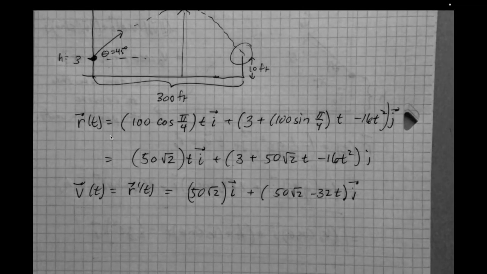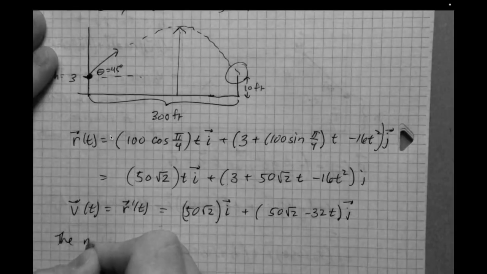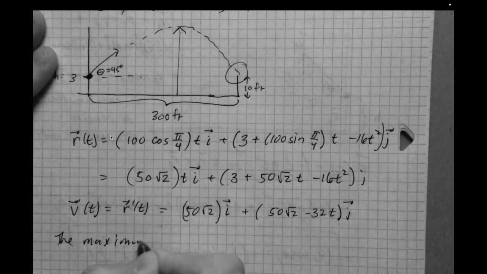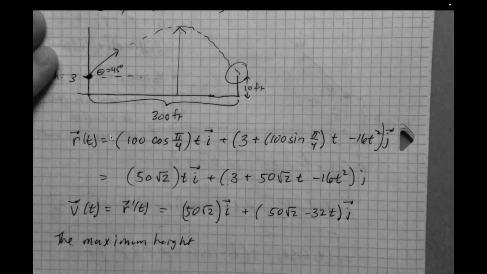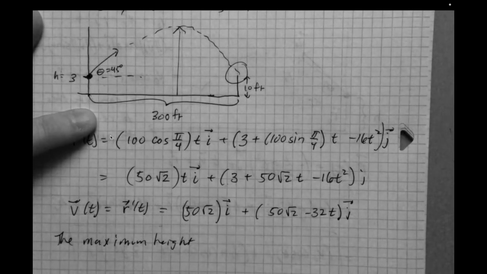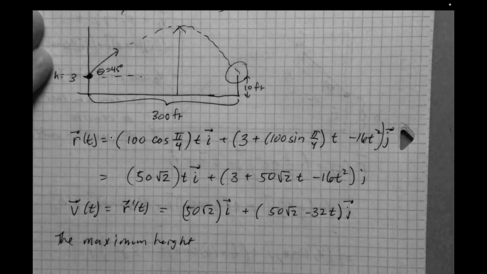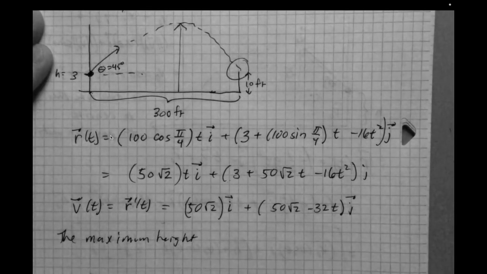Now how do we figure out this maximum height question? When is that going to happen? Conceptually, you always have to think about what's going on with the velocity and what's going on with the position at various times that are important. At the maximum height, the velocity of the y component will be exactly 0.